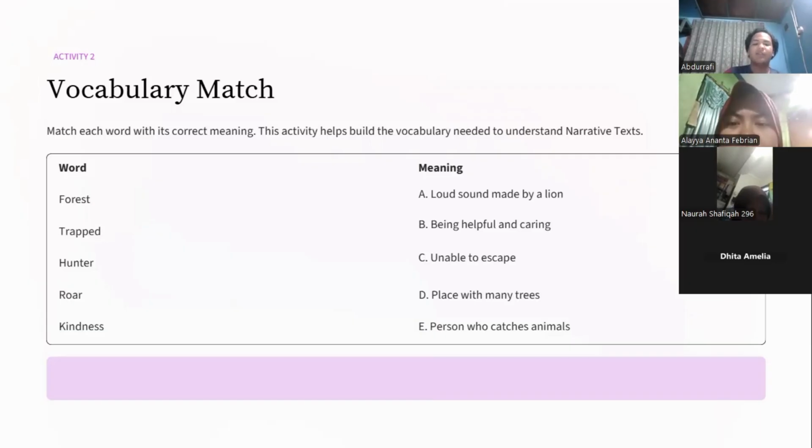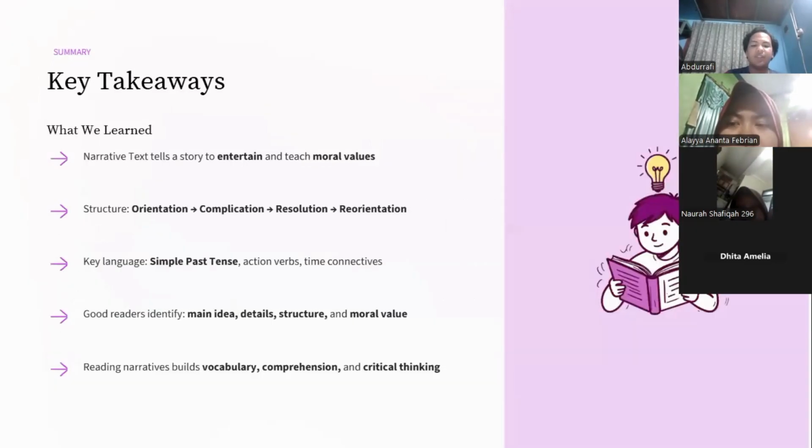Okay, before we finish, let's review today's lesson. Today, we learned that narrative text tells stories to entertain and teach moral lessons. They have four parts: orientation, complication, resolution, and reorientation.